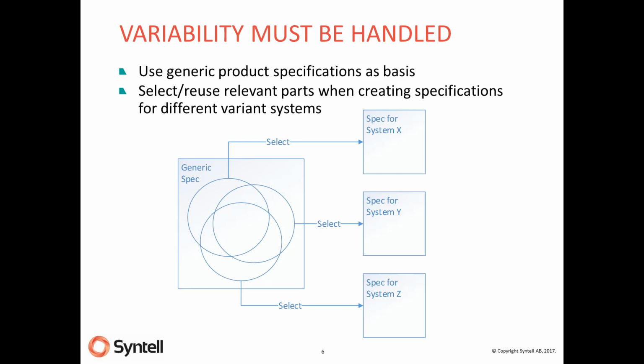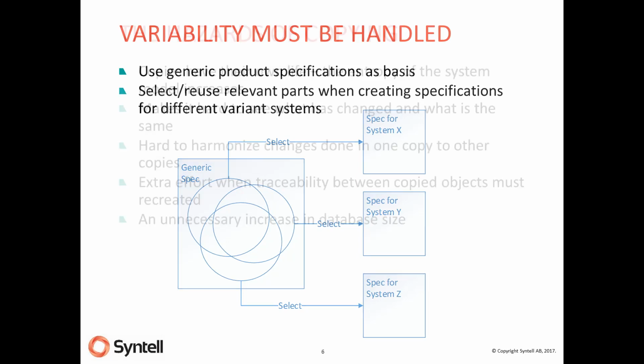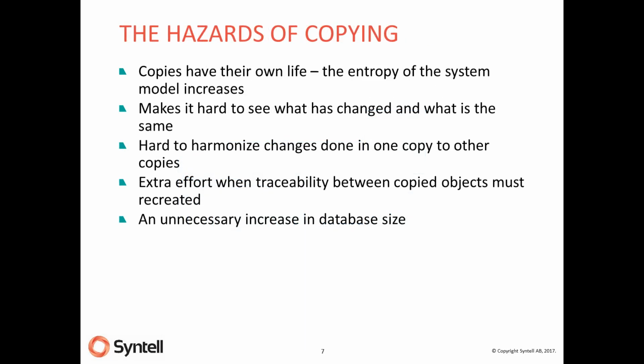Some kind of selection mechanism will be needed to make this possible. The way you do this selection is quite important. Without good tool support, you would probably solve your variant problem by making copies of the generic specification. Copies that you would then edit to suit the needs of your variant system.